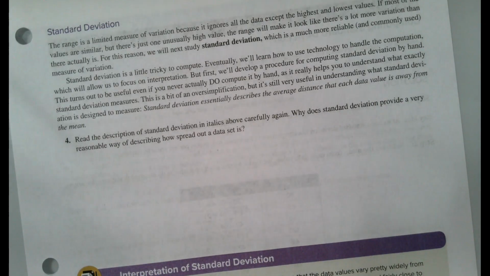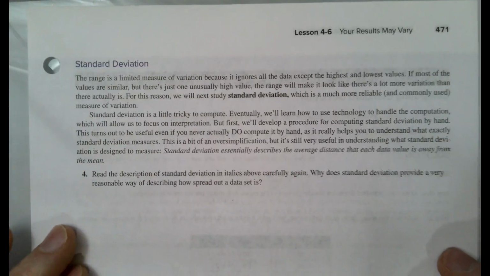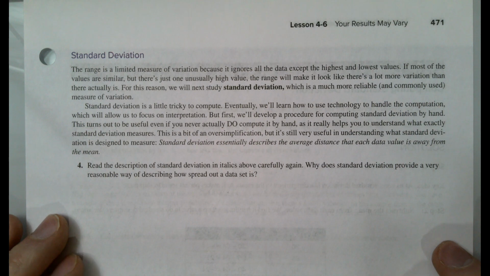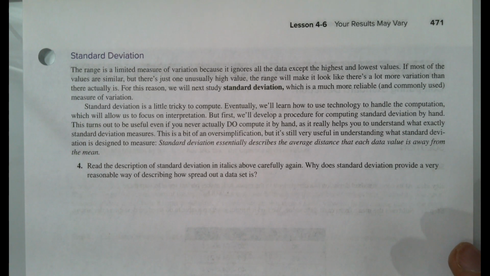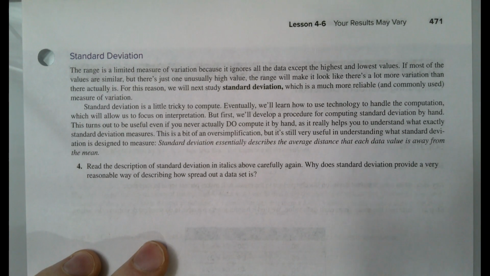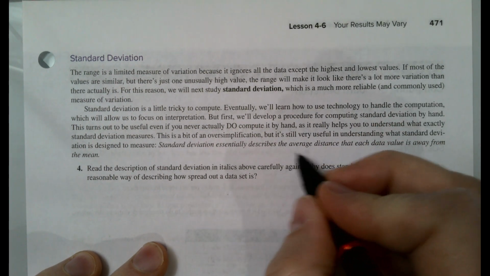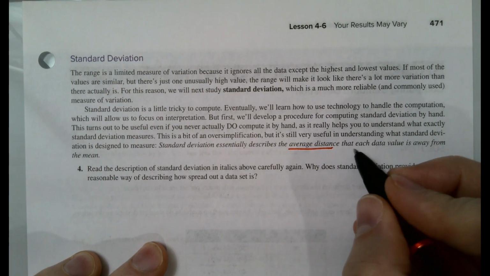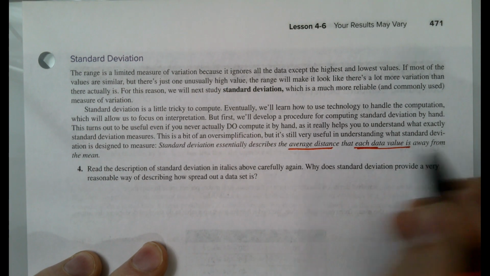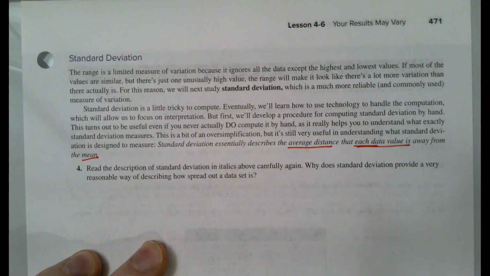Okay, so the second measurement that we talk about is a little bit better of a measurement for spread or variation, and that's the standard deviation. It's a little bit complicated. It's definitely complicated in its calculation, but the basic understanding is that it is the average distance that each data value is away from the mean.